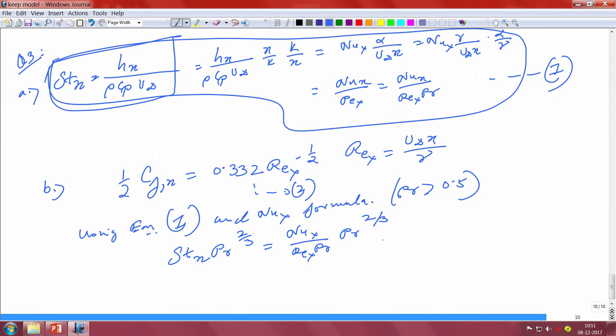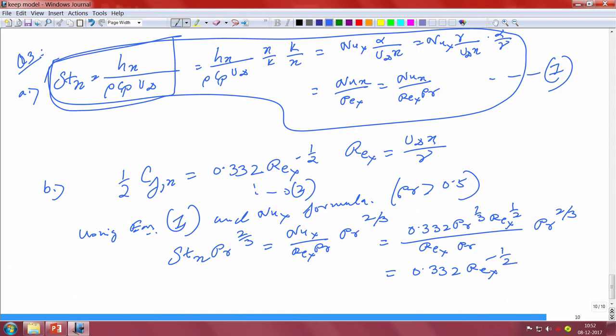So, now we can substitute for the CFX part. So, this is Prandtl number 1/3 Reynolds number half divided by Reynolds number into Prandtl number, Prandtl number 2/3. So, we are using the Stanton number expression. Okay. So, this once again gives rise to 0.332 Reynolds number to the power of minus half.